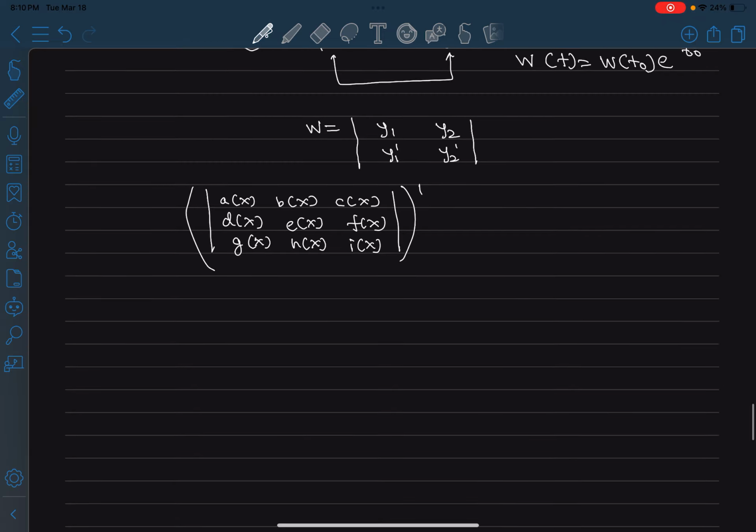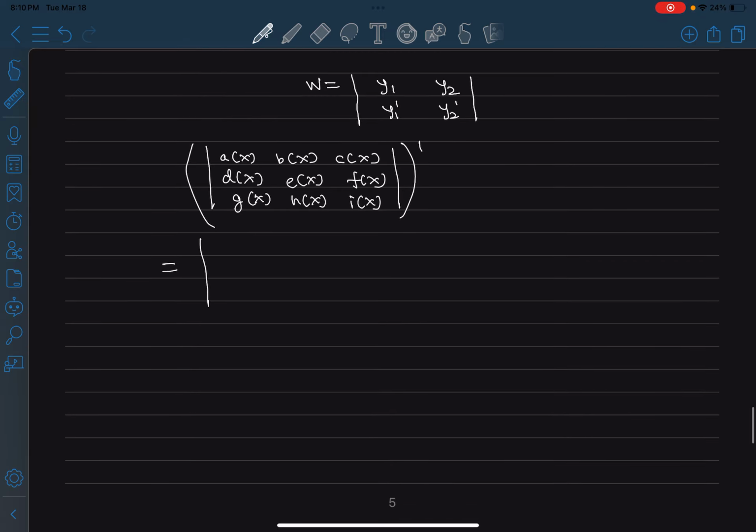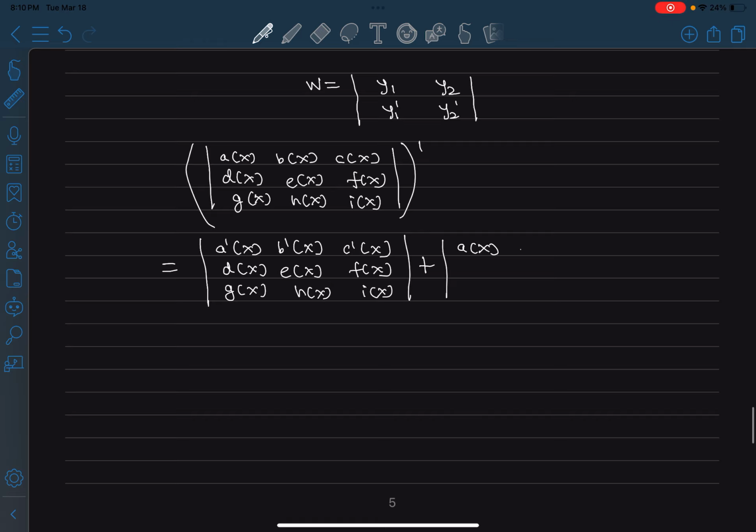You can first take the derivative of the first row and keep the rest of the rows as they are, and then add the determinant where you take the derivative of the second row. I think this is the Leibniz formula. I got it now, the Leibniz formula.